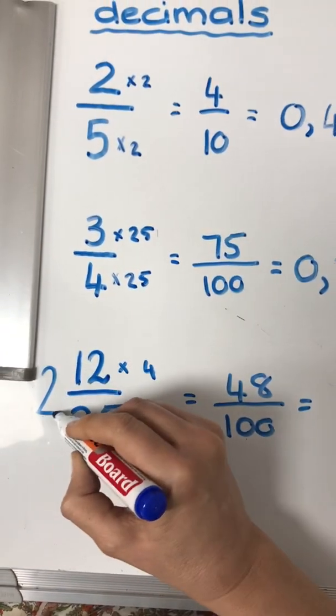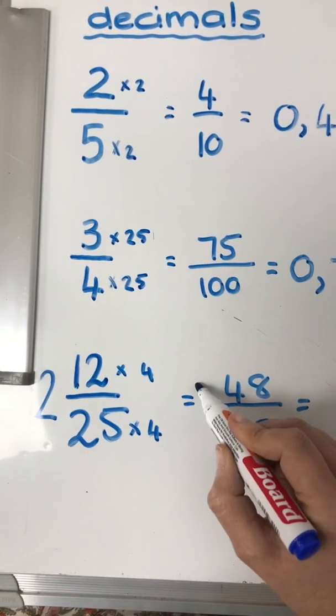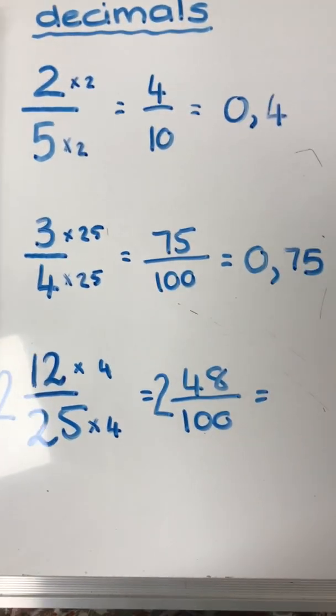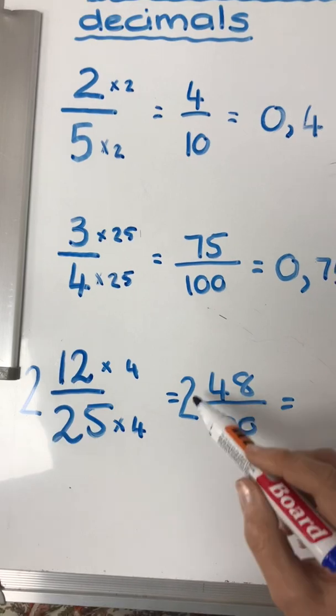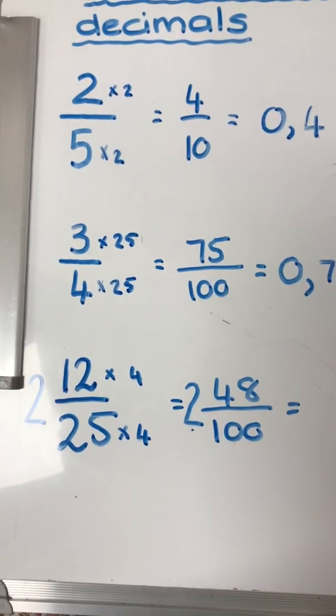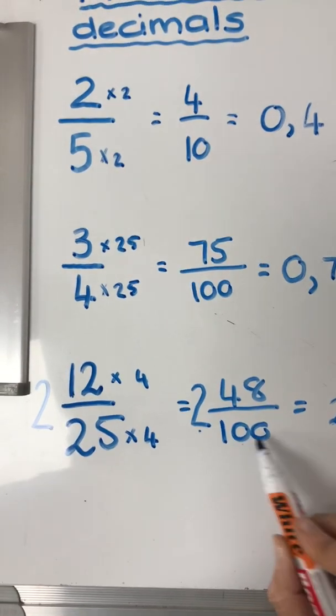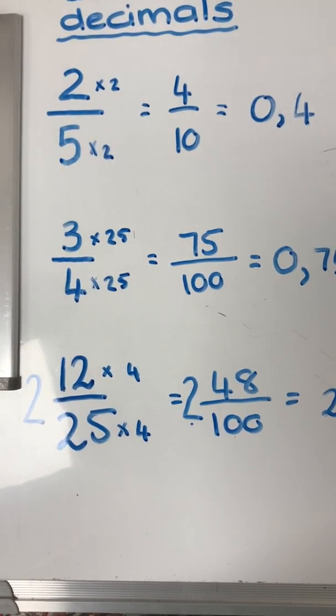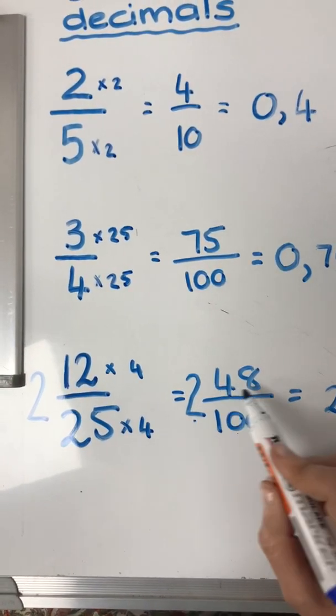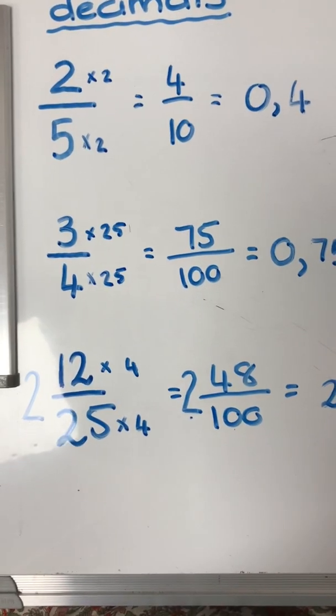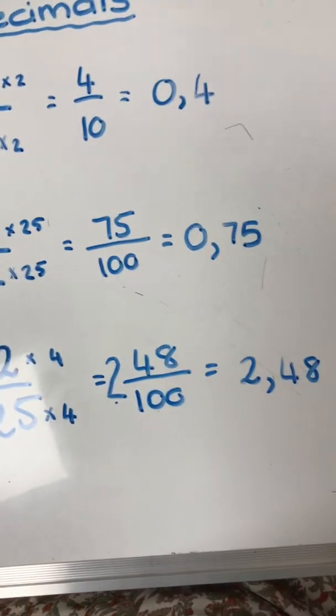I'm going to say 2 and 12/25. This time I do have a whole number, so I'm going to put my 2 there. Then I have 2 zeros, so I need 2 spaces after the comma. There's a 48, which fills the 2 spaces, and that is that.